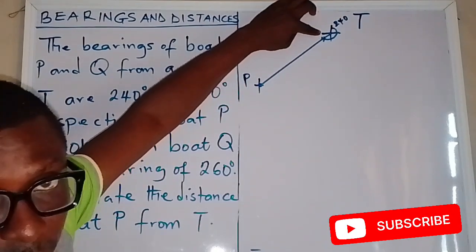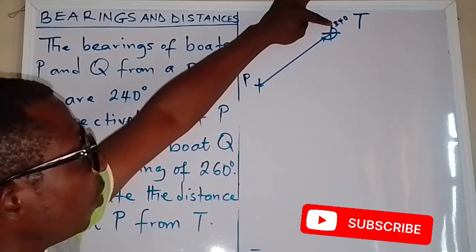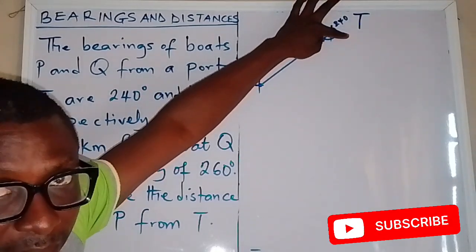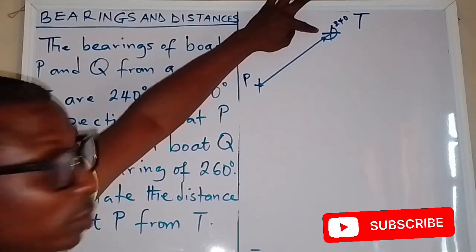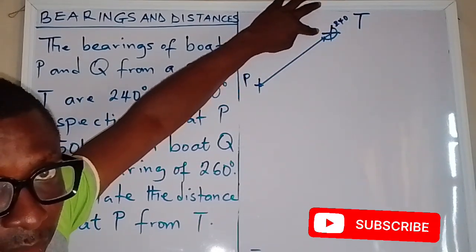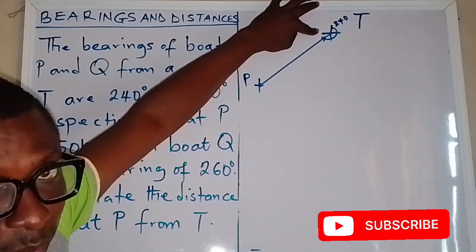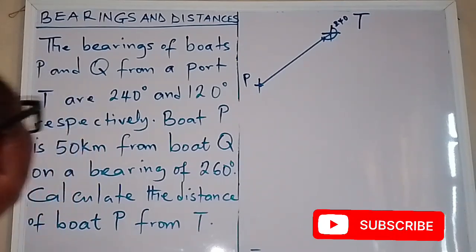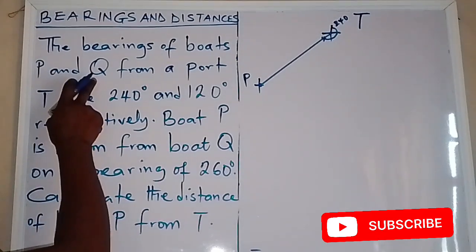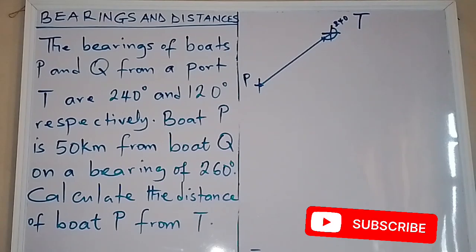So this place is 270. Don't forget that from north to east is 90, from east to south is 90, from south to west is also 90, making 270.